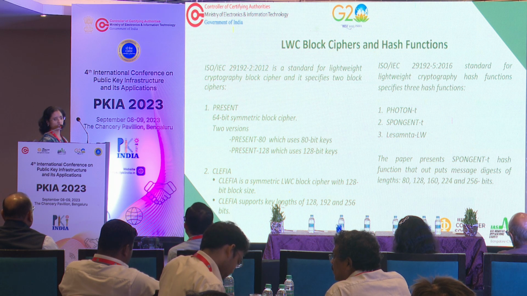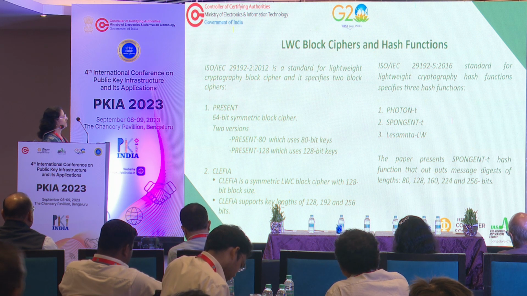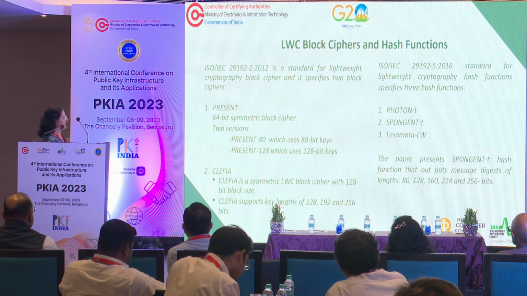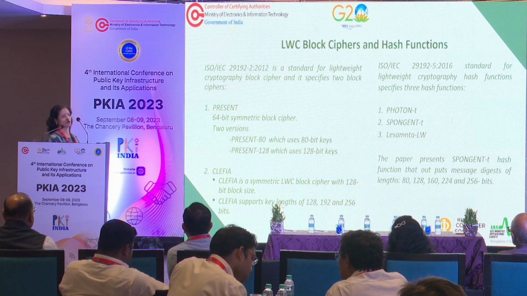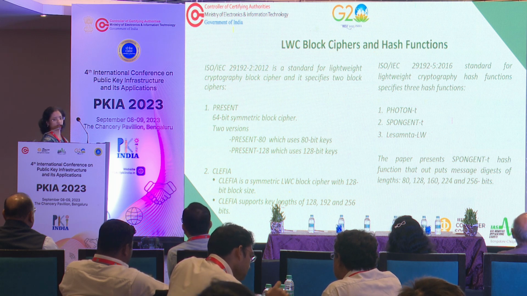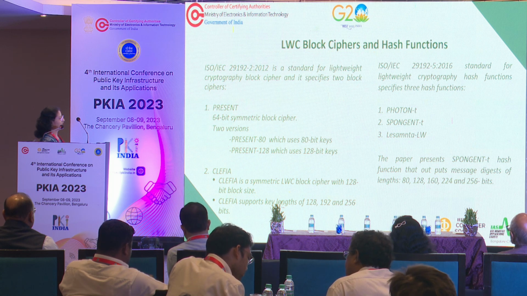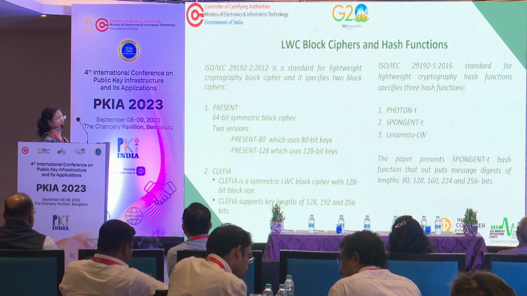PRESENT is a 64-bit symmetric block cipher which consists of different versions depending upon the key sizes it uses. The different versions are PRESENT-80 and PRESENT-128. Clefia is also a symmetric block cipher, but the block size is 128-bit. It also consists of different versions depending upon the key sizes it uses, like 128-bit, 192, and 256 bits.